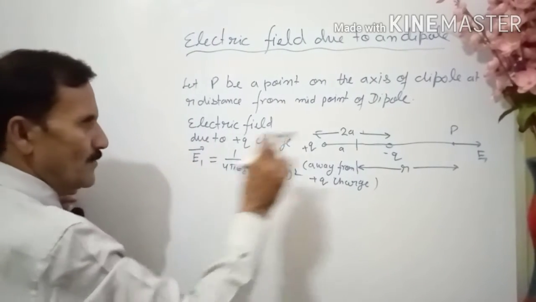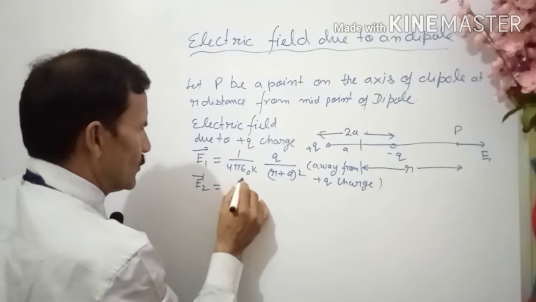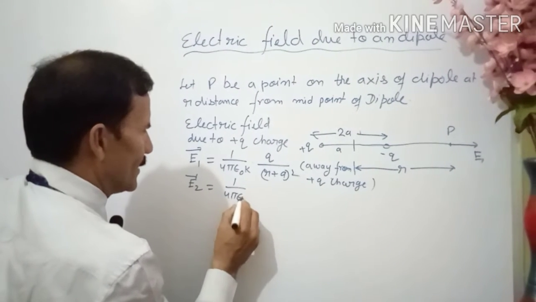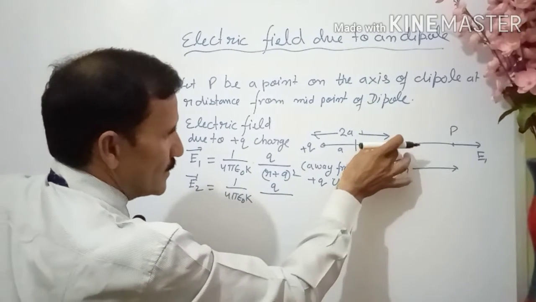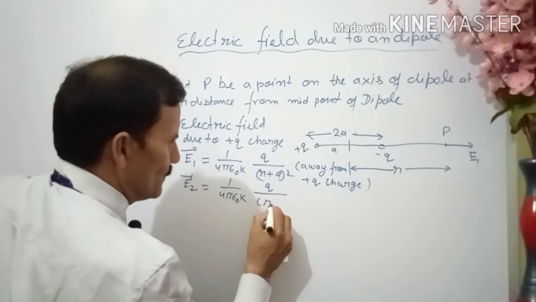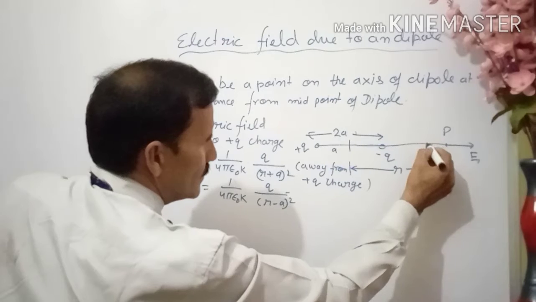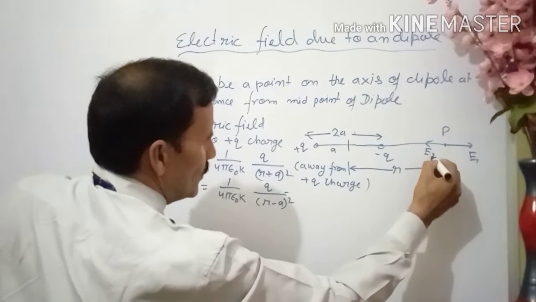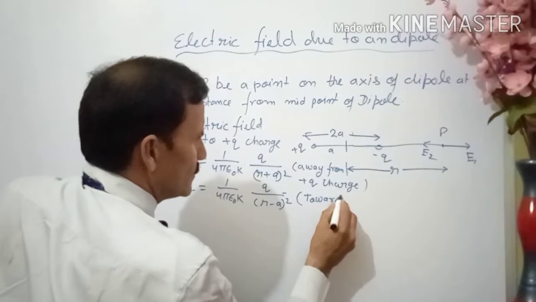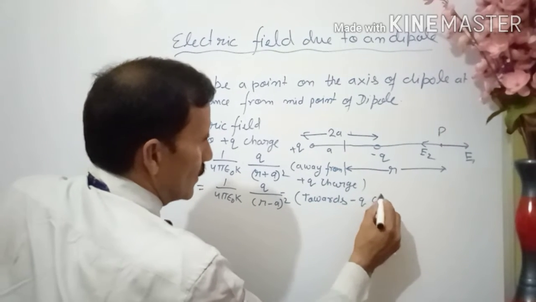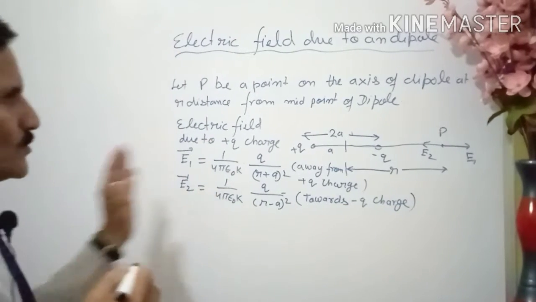Now similarly for the negative charge, E2 is also equal to 1 upon 4 pi epsilon naught k, and the magnitude is the same, but what is the distance? r minus a whole square, and E2 is towards the minus q charge.